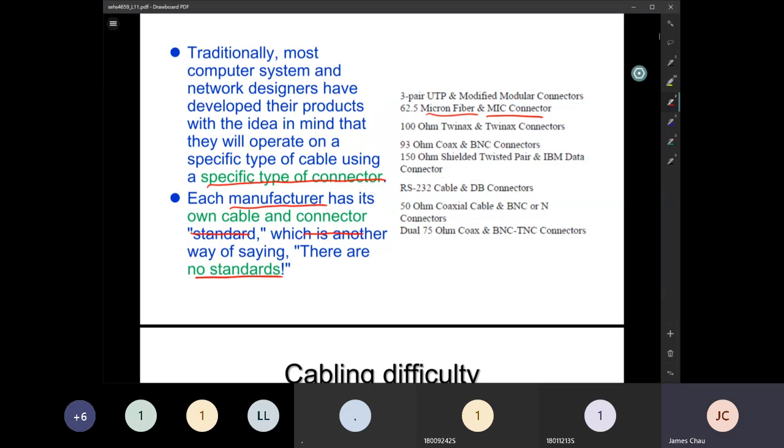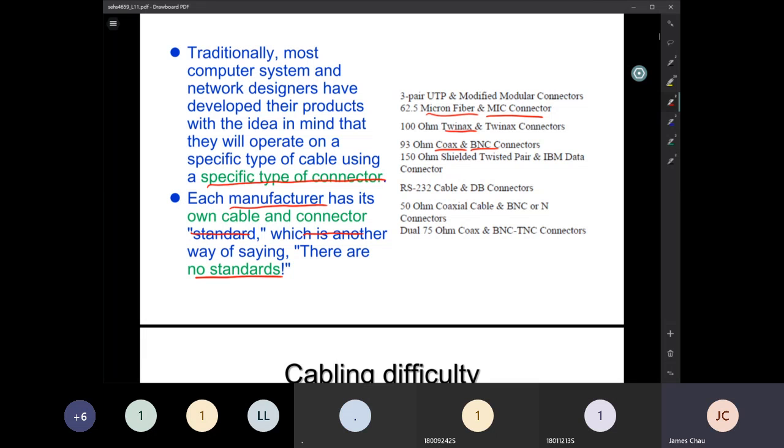And now we have the twinax connector. Twinax is a kind of coaxial cable that has two inner conductors inside. For the coaxial cable, we will describe it to you, and it is mainly using the BNC connectors, the Bayonet Neill-Concelman connector, BNC.